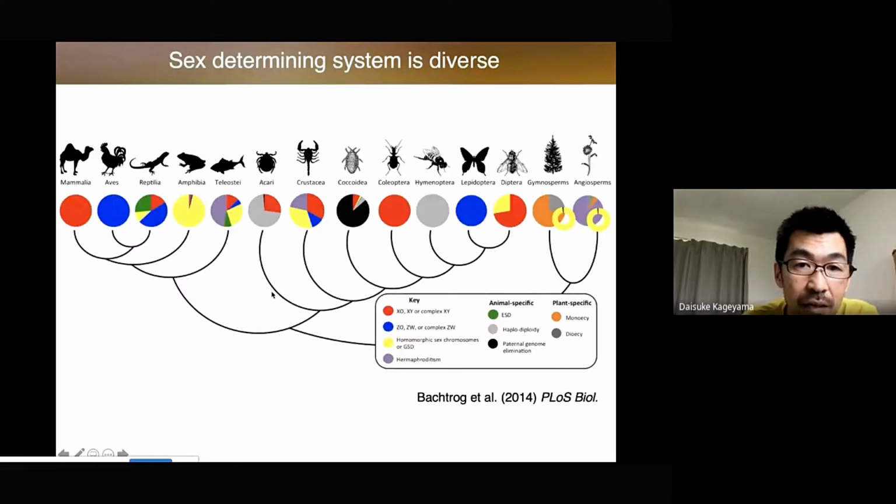And even at the chromosomal level, some species have X, Y systems, and others the other way around, Z, W, ZZ, or some other species don't have any sex chromosomes, and their sex is determined by environment, or haplodiploid sex determination systems, and paternal genome elimination, and so many types of systems.